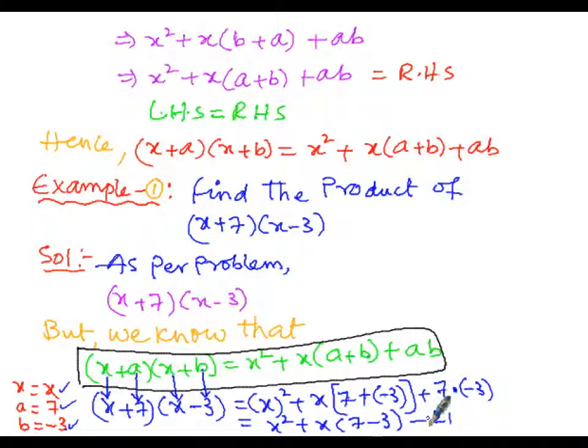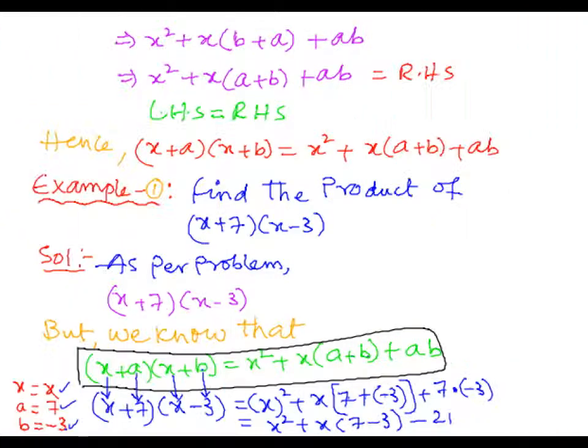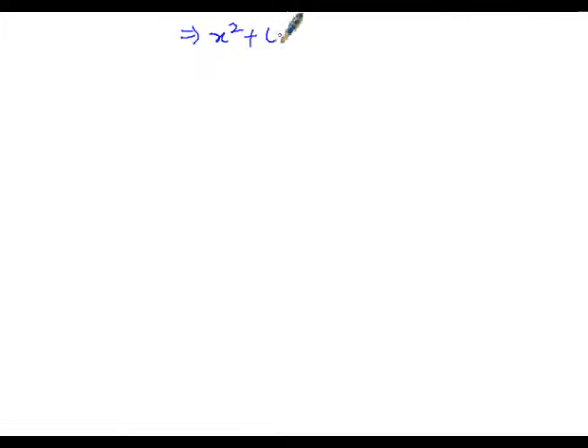So in this manner, that equals x square plus 4x minus 21.